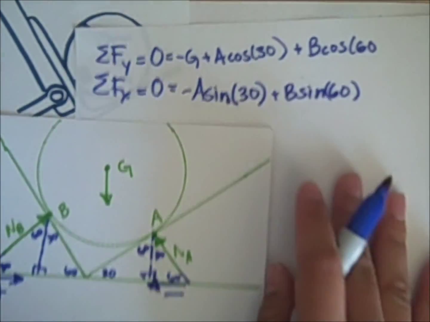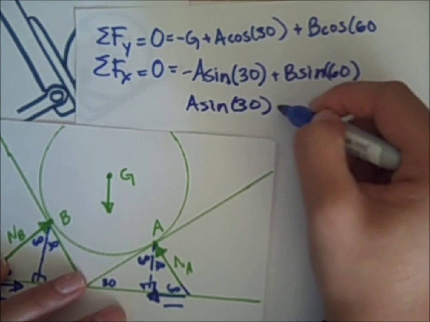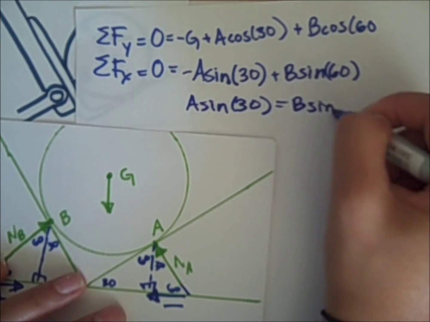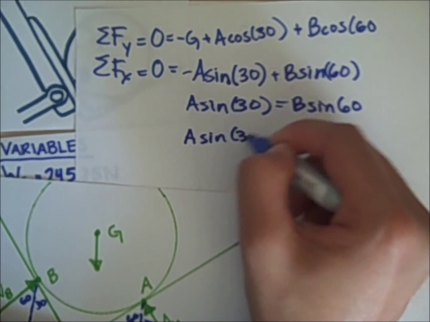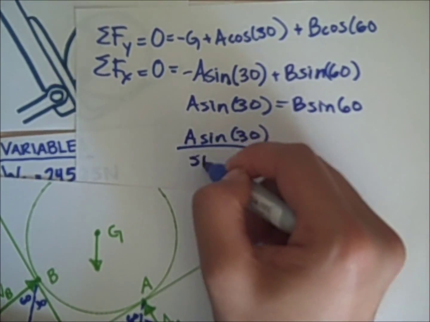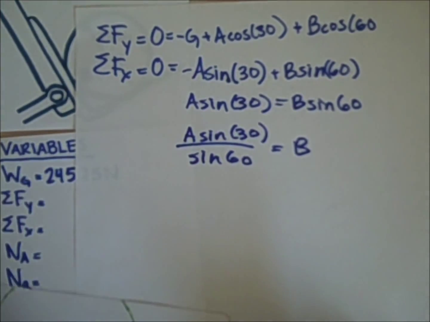Okay, solve for B. So that means A sine 30 equals B sine 60. And then we're going to divide A sine 30 by sine of 60 to find B.